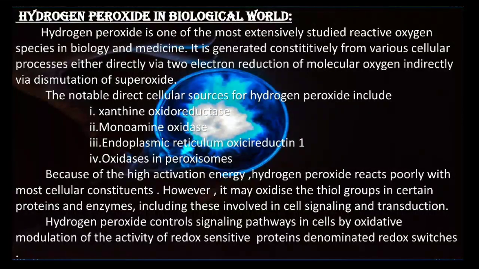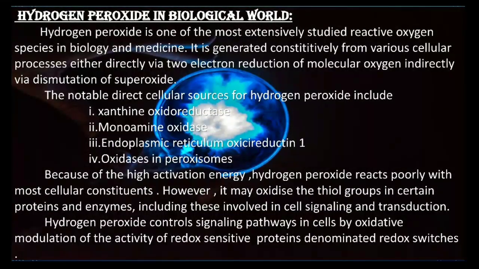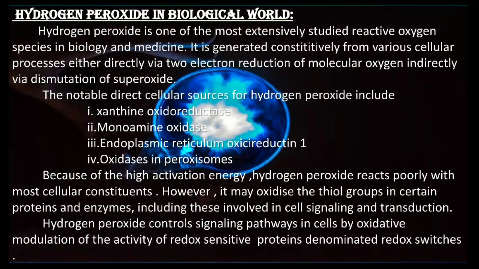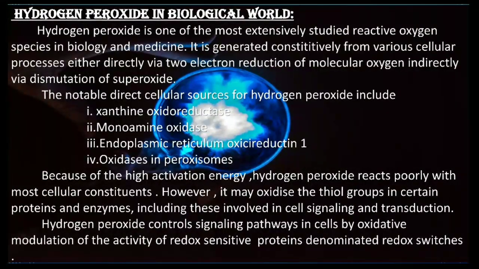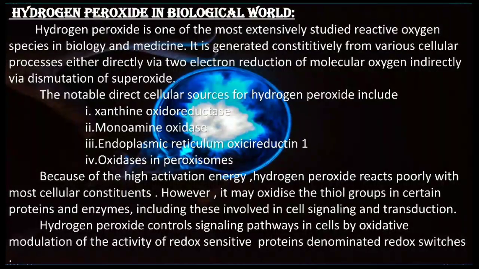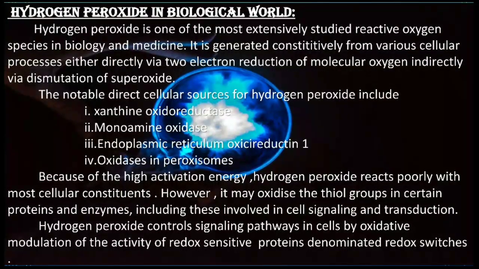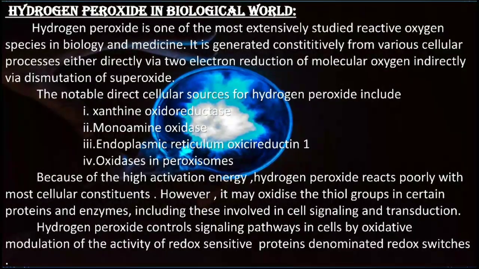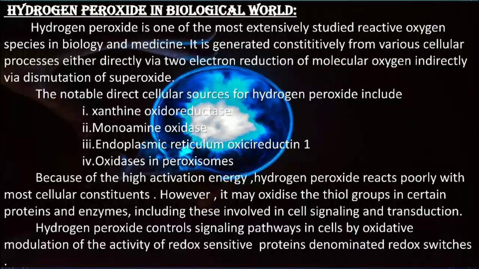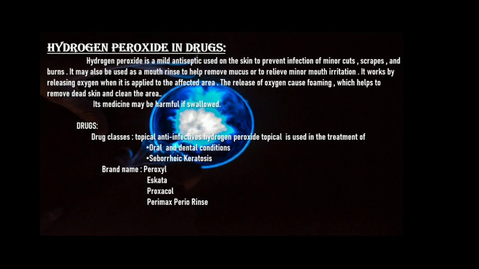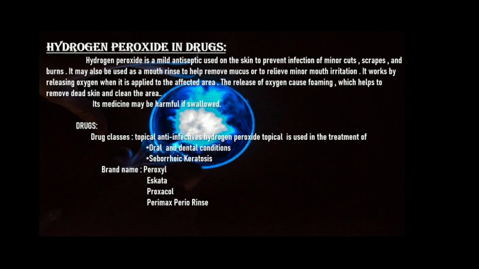However, it may oxidize the thiol groups in certain proteins and enzymes, including those involved in cell signaling and transduction. Hydrogen peroxide controls signaling pathways in cells by oxidative modulation of the activity of the redox sensitive proteins denominated redox switches.